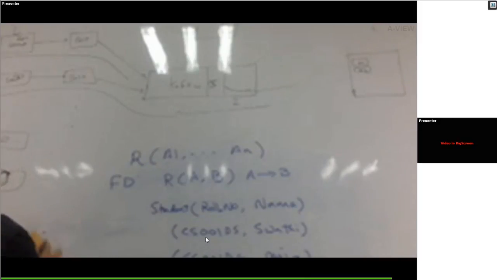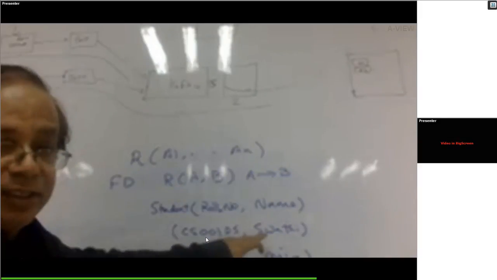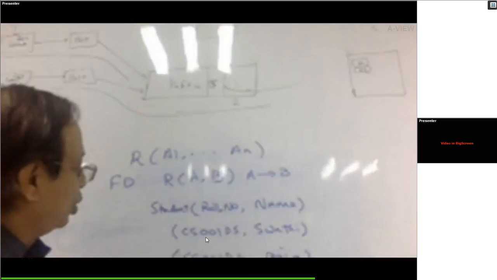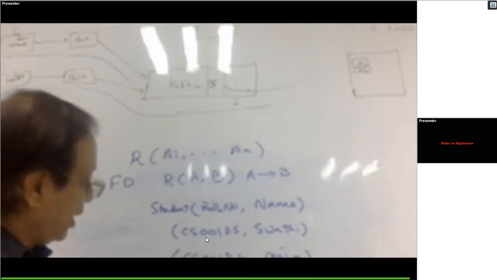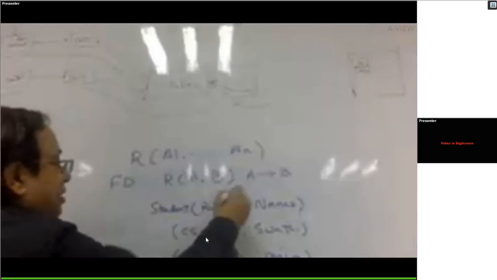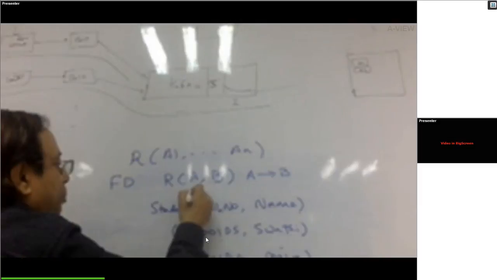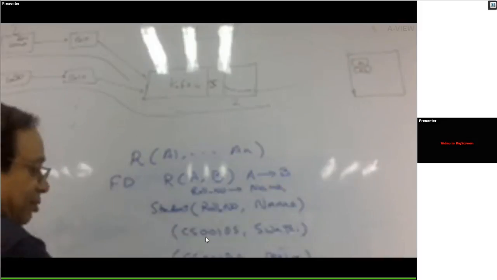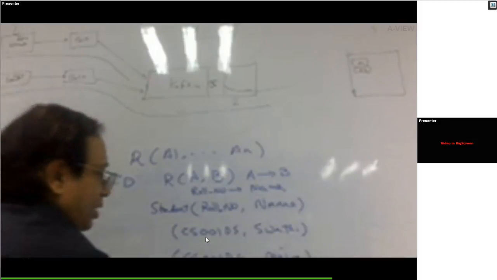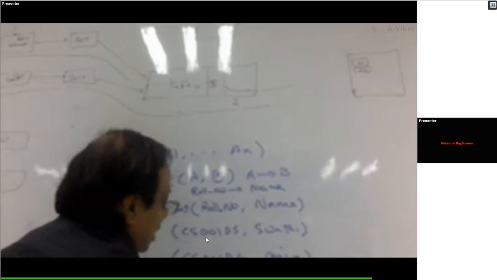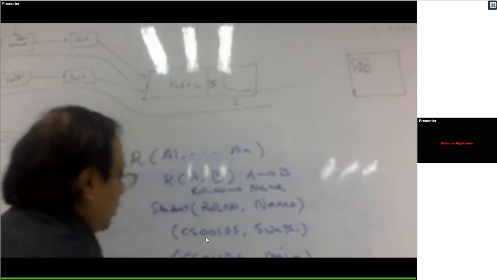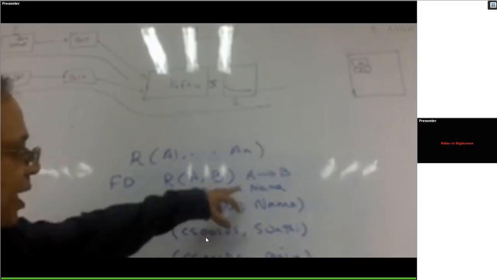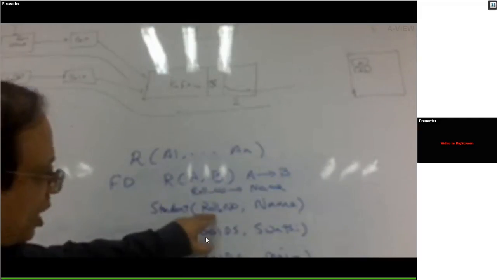Given CS001D5, Maya will not be allowed if roll number functionally determines the value of name. This also has to become Swati. If they agree on the roll number, then the name also will be the same. Of course, by set semantics, this becomes a duplicate, so it will not be allowed.